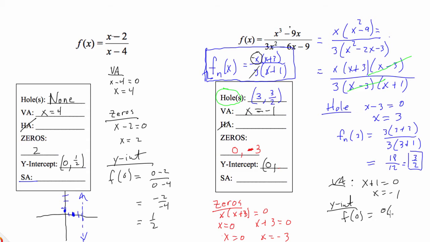So 0 and 0 plus 3 over 3, 0 plus 1. Well, I have 0 times something, so that's going to give me 0 on the top, and 3 times 1 is 3, which is just 0. All right, so there's something interesting here, and we have to figure this out, and I'll show you what's going on here.